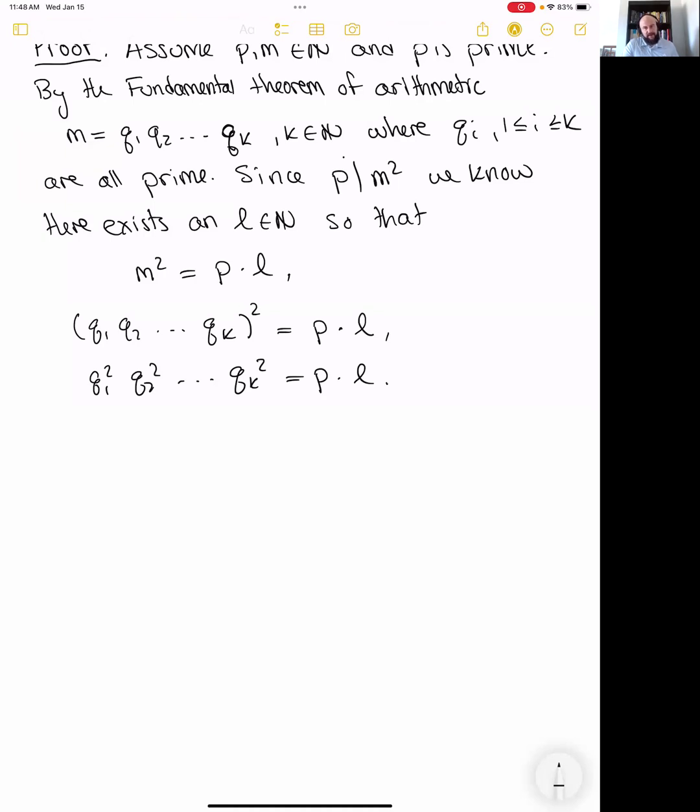And they're equal, right? And also L can be broken down into primes, right, if I want. So the point is that P must be equal to one of the primes on the left-hand side.